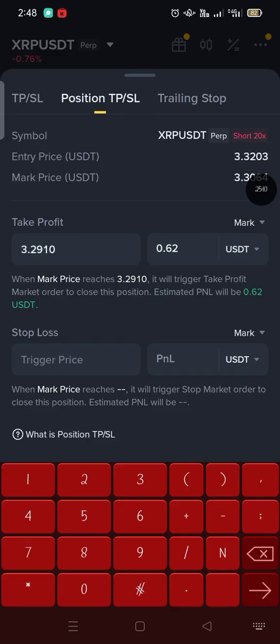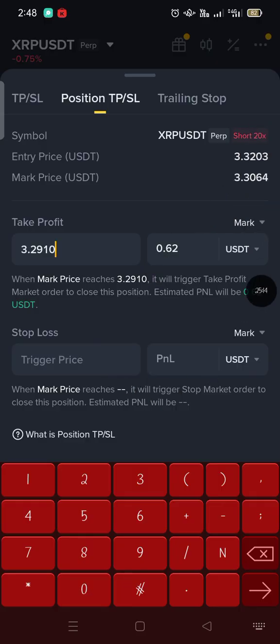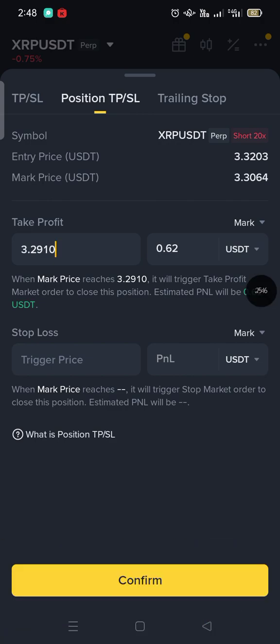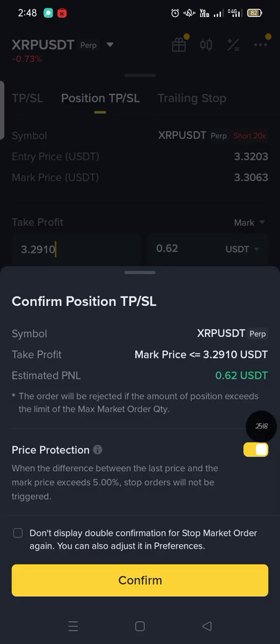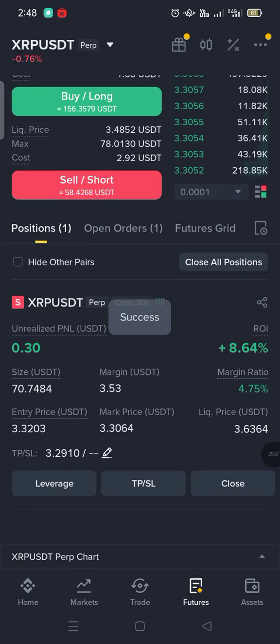So I'm going to tap on this area here and confirm to activate. You can see the profit that I'm going to make. I know it's small, but this video was just for tutorial, and you can see the respect the market has given me according to what I analyzed.